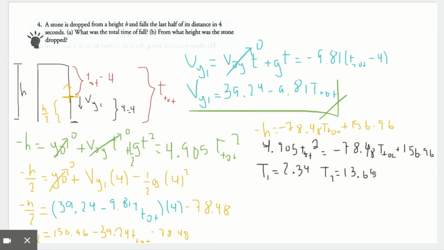So it should be 13.65. With the 13.65, we can get the height if we substitute the value over here, and we will get that the height equals 914.29 meters. And the total time, 13.65 seconds. Thanks for watching.